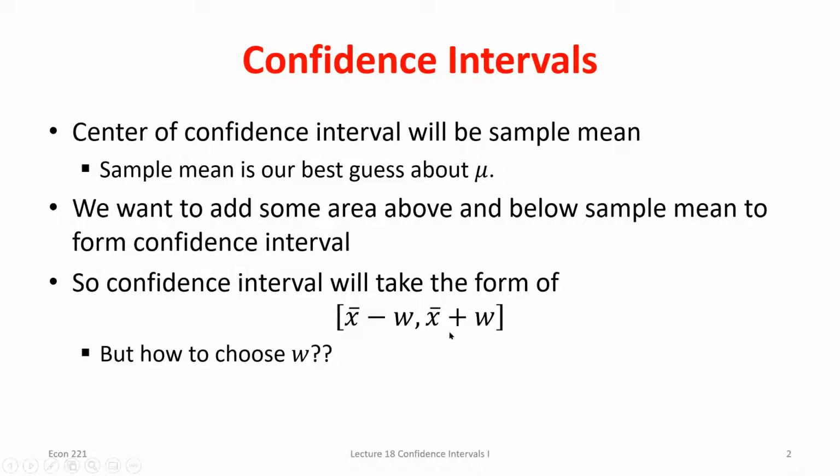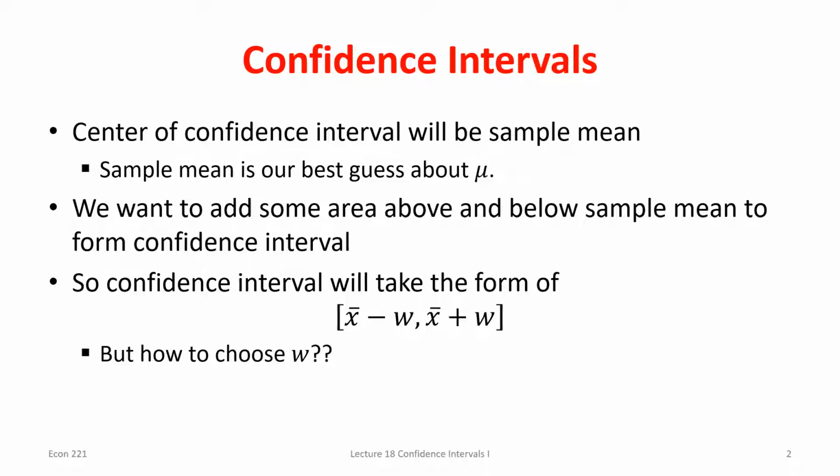So I'm going to build around that sample mean a range of values. So I'll have my lower and my upper bound. So this might be something like, I see a sample mean of 55,000, but I know if I see 55,000, it's very likely the population mean could be 52, could be 58. So I build an interval around that sample mean and say, well, with 90% confidence, I can say the population mean is somewhere between 50 and 60,000, right?